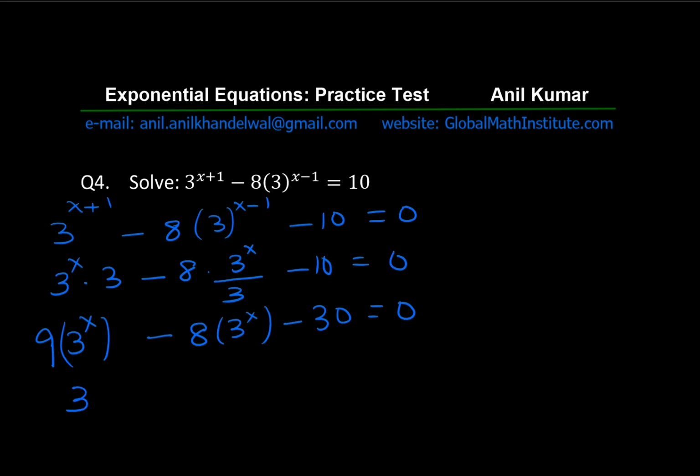So basically, we get 3 to the power of x minus 30 equals 0. So we can solve this particular equation. Now, can you tell me how you are going to solve this equation? Let's rewrite this on the right side, and then I'll provide you with the solution. So we have 3 to the power of x, and I'm writing 30 to the right side, equals 30.